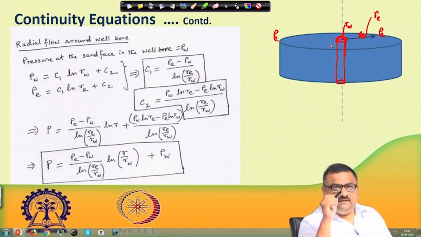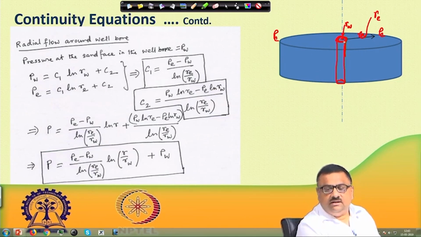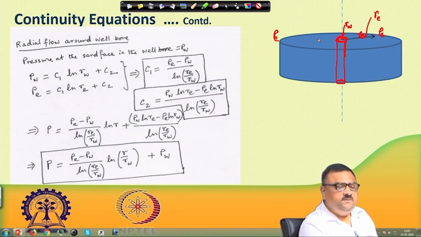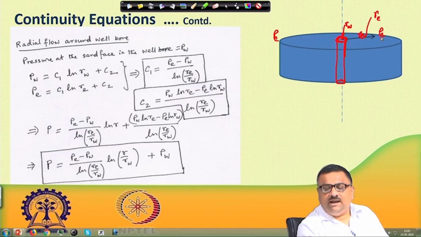In this case we can apply P w and P e. That means it would apply to the point on the sand face, the edge of the well here. So P w is equal to C 1 ln R w plus C 2, and this will also apply at the outer perimeter at radius R e, where the pressure would be P e.